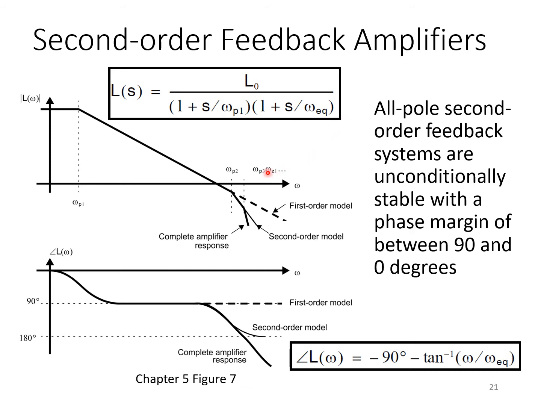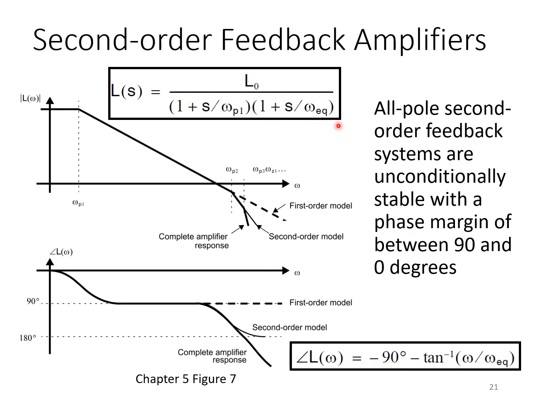Now, in the case where omega p2 is much lower than any of the other poles and zeros, then omega EQ will simply equal omega p2. But in some cases, we may have 2 or 3 higher order poles bunched together here around the unity gain frequency. And even in those cases, we can still use a second order model with great efficacy.